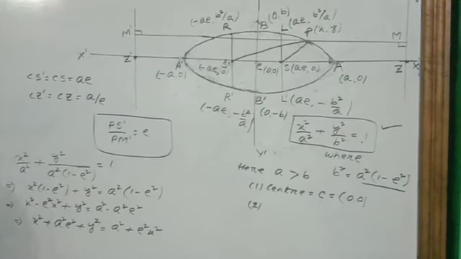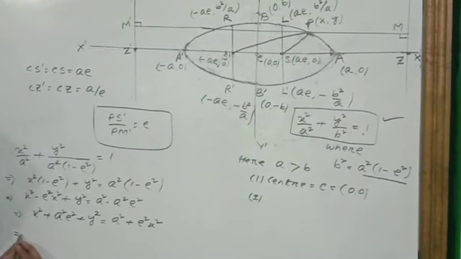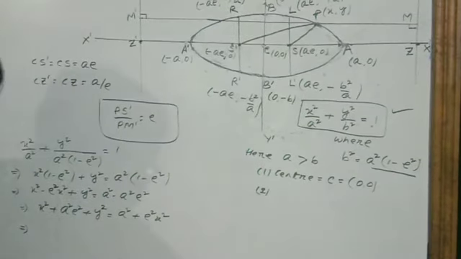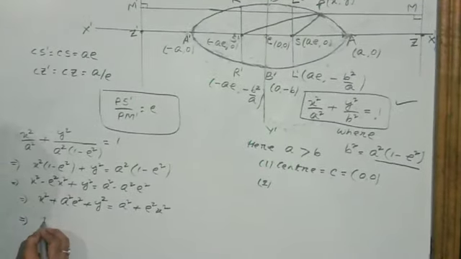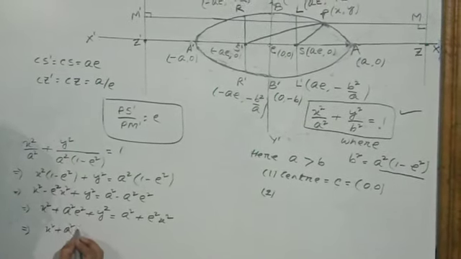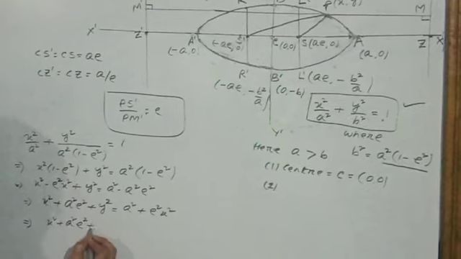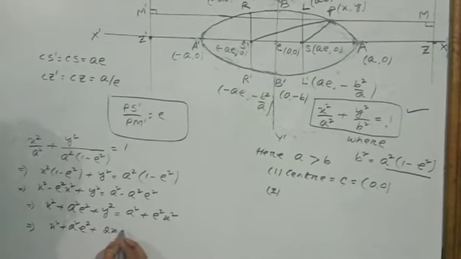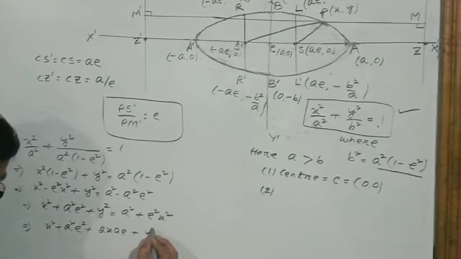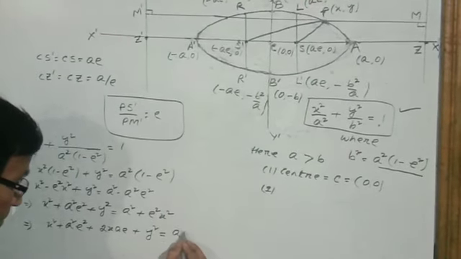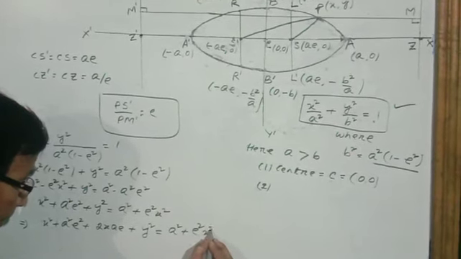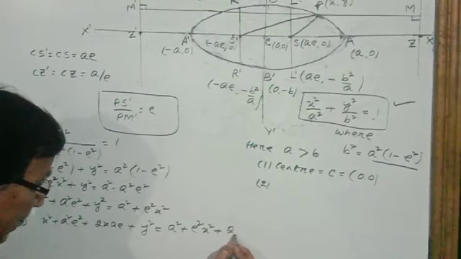Now we are to add 2xae on both sides. So on adding 2xae on both sides we are getting that x square plus a square e square plus 2xae plus y square is equal to a square plus e square x square plus 2xae.